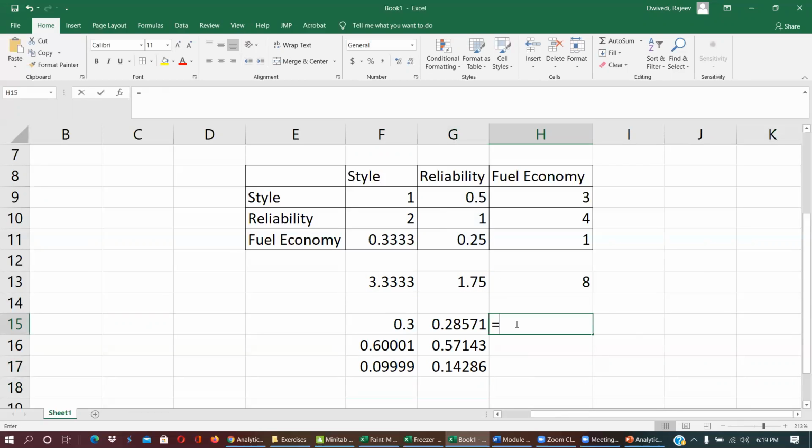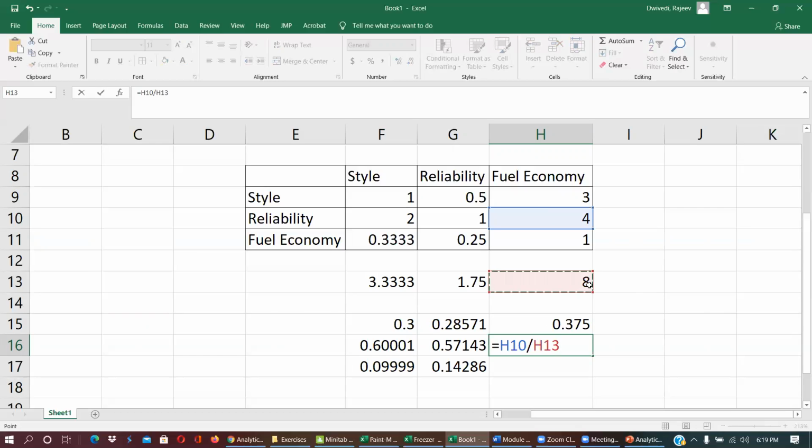Similarly, I'm going to do this 3 divided by 8, 4 divided by 8, and 1 divided by 8.